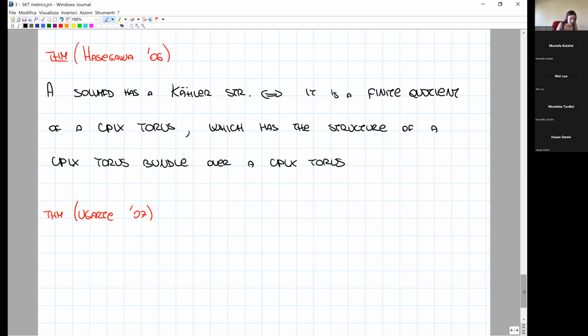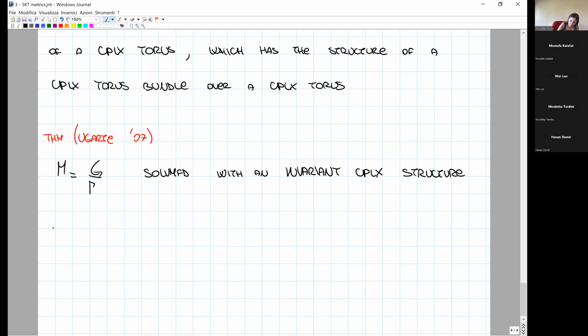So let me explain this a little bit. Suppose that you have G over gamma, let me say a Sol manifold, okay? With an invariant complex structure. At least the complex structure has to be invariant. And suppose that we have g, an SKT metric on M. In general, I'm not assuming that this is an invariant SKT metric.